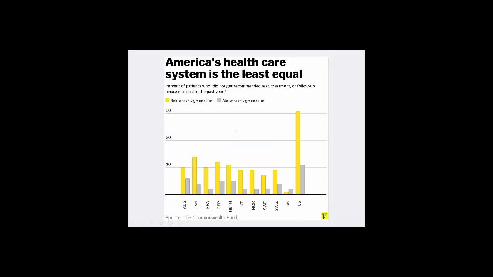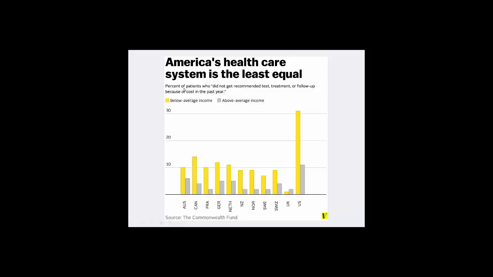One area that we really need to see more improvement in is that when we look at patients relative to their ability to pay, the United States seems to be fairly unequal. Right? There's lots of inequality.